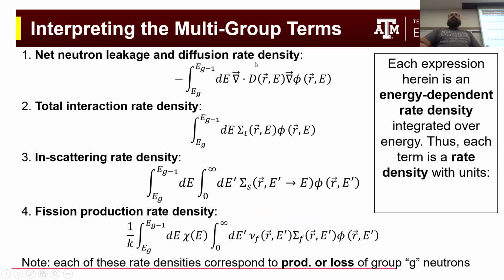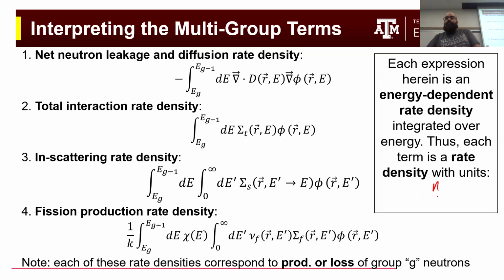So before, when I had the energy dependent diffusion equation, every quantity in that equation was a rate density, also per unit energy. And I've effectively taken that energy dependent rate density and I've integrated out the energy, which means that the energy units that were in the bottom now get canceled out. So now each of these terms just represents a rate density.